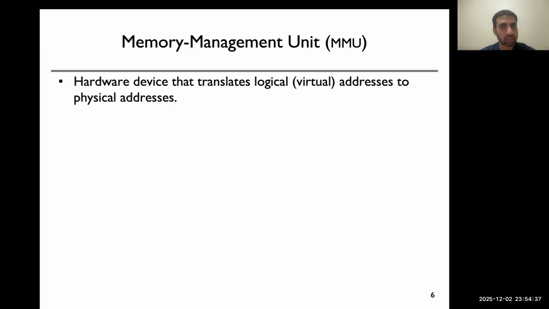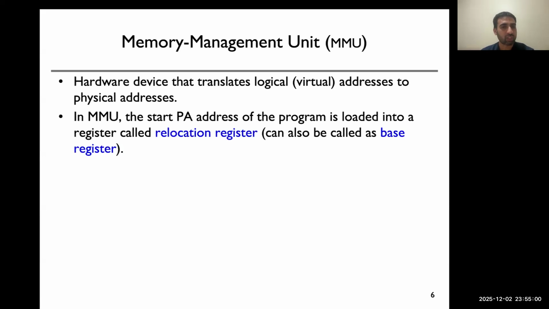Now, what are the internals of that memory management unit? Maybe they are not as simple as only using base and limit registers and adding the base register value to every address generated by the process. Maybe they are not as simple, as we will see in upcoming slides. But any hardware unit that is responsible for translating logical address to physical address is known as the memory management unit.